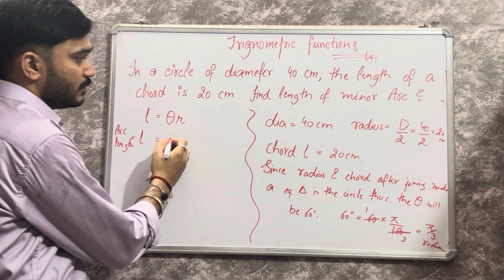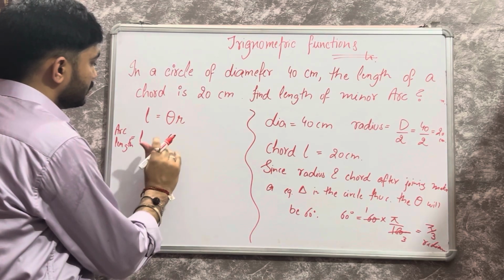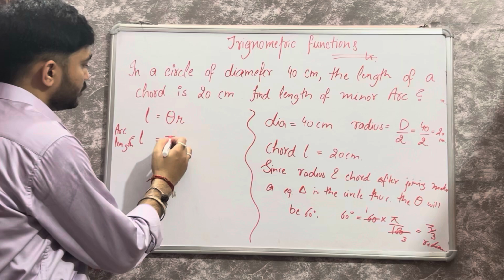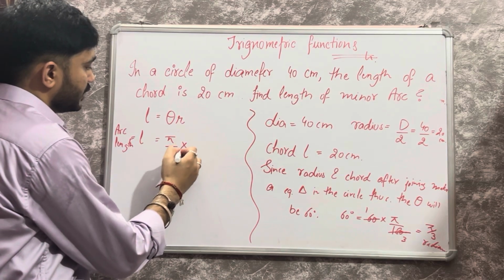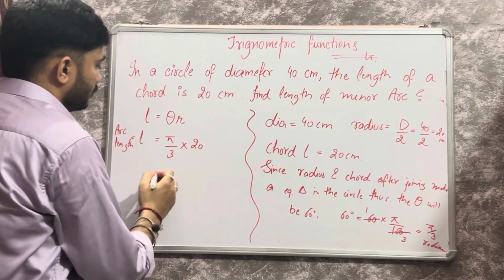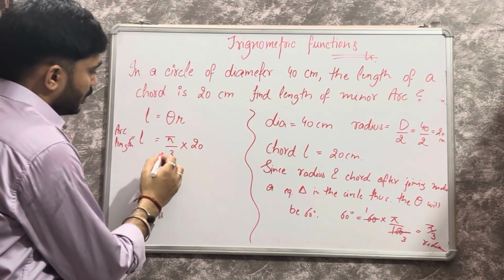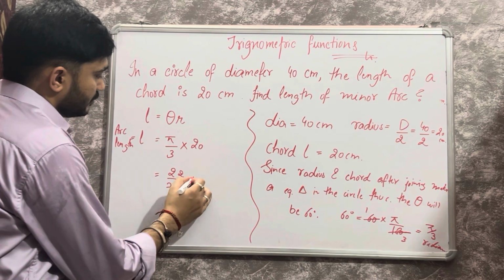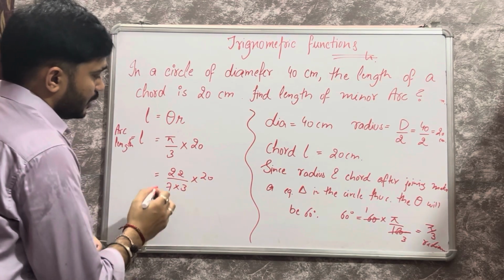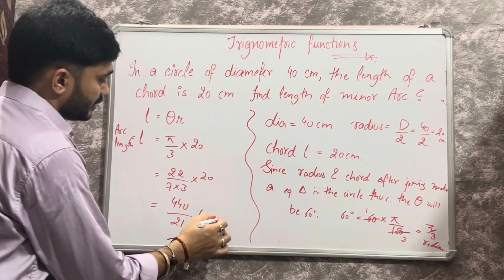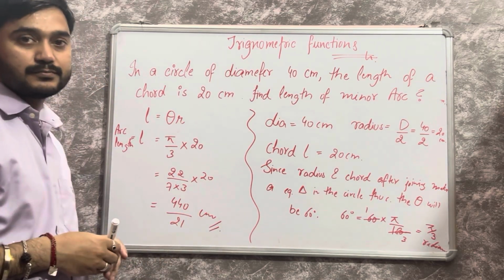Theta is given to us, that is the 60 degree we converted into pi upon 3 radians, so it will be pi upon 3, and the value of r is given to us, that is equal to 20. After substituting the value of pi, that is 22 upon 7, the answer will be 440 upon 21 centimeter. Any doubts?